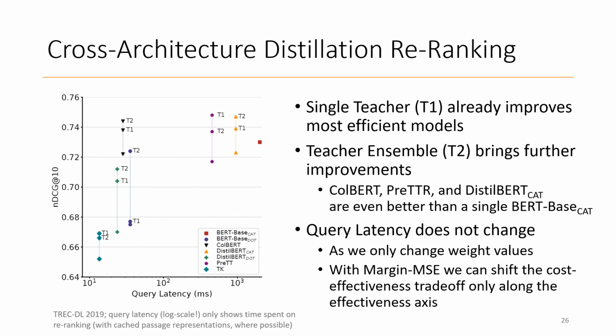So the models are actually much further apart than they appear here. And with Margin-MSE, we only shift the effectiveness up, but we don't change the query latency because we don't change the architectures, only the weights of the models.